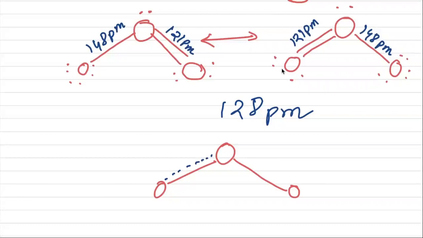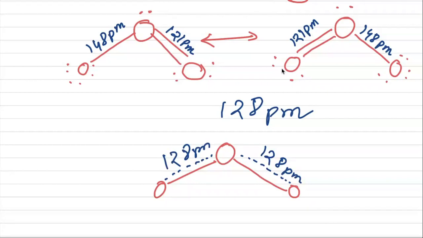It has a resonating structure, and if I consider the bond length, then the oxygen bond length in ozone becomes 128 picometer.